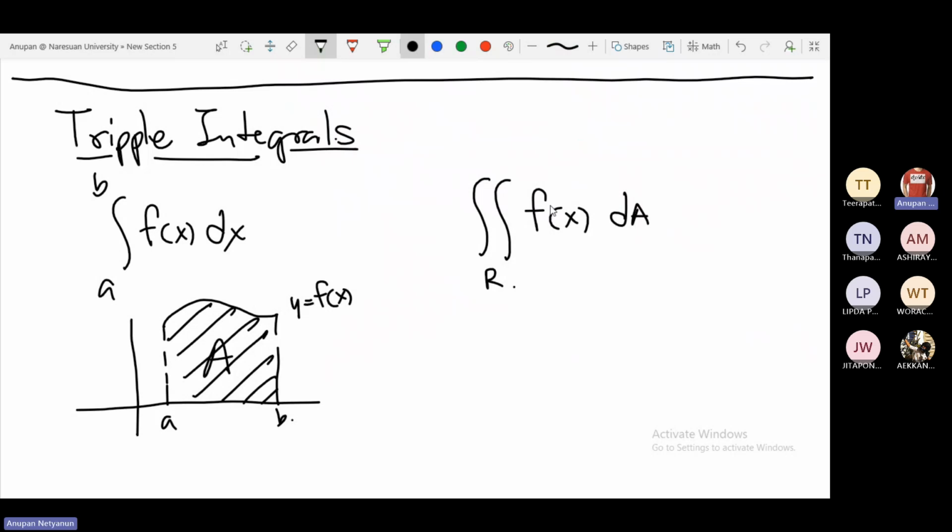Now, for the double integral, this one you have a curve, right? But this one, sorry, should be x and y. The dimension is going to increase by one more. Instead of having a curve, you have a surface. Instead of having an interval, you have an area.